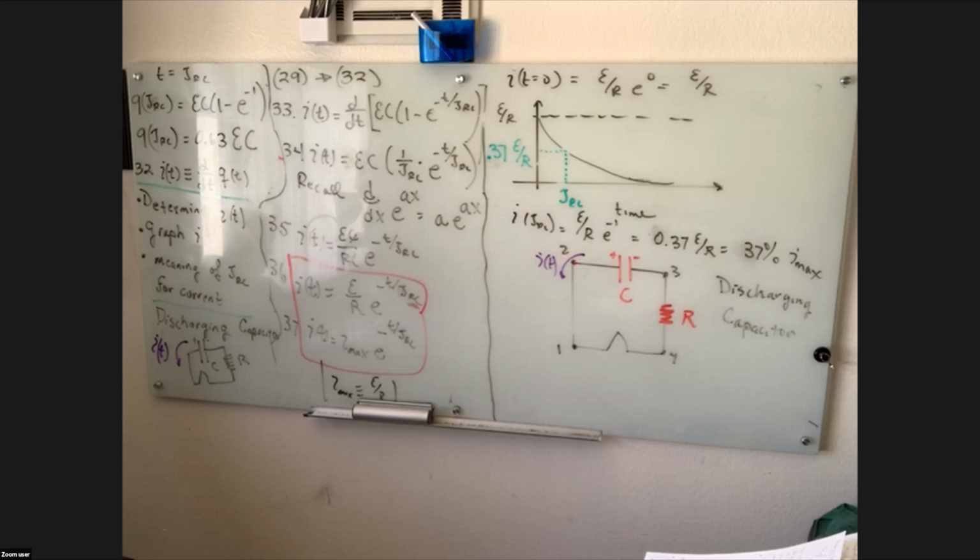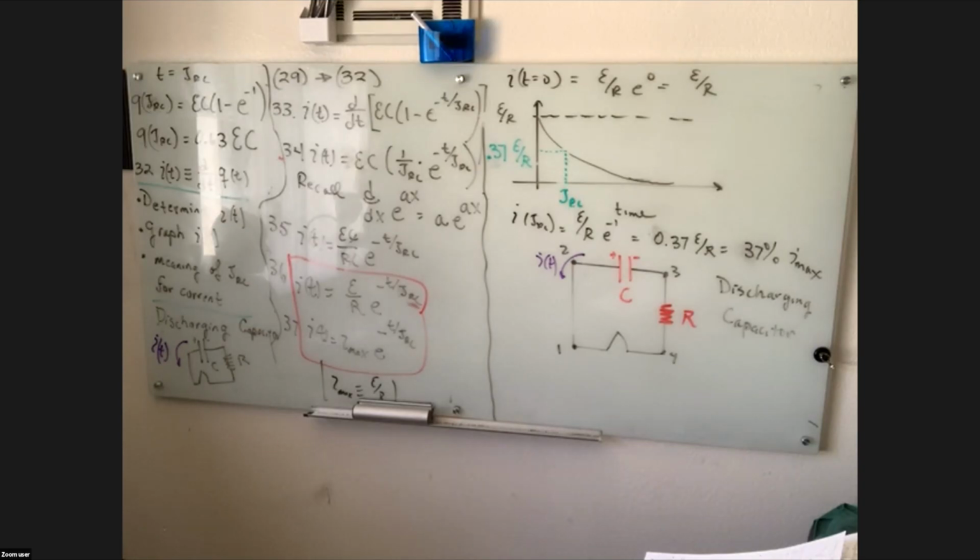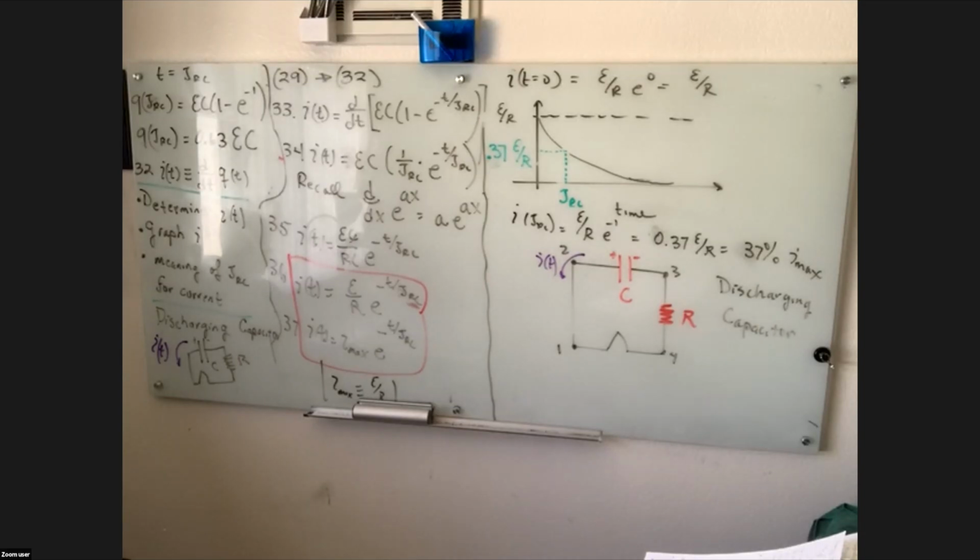If you go from position 2 to position 1, notice that's in the same direction as current. Is there a voltage change from position 2 to position 1? Sure, yes, there is. Why would there be a voltage change? Oh, sorry, there's no voltage change. For some reason I thought you asked whether voltage is continuous. All right, so we're on the same page. No voltage change. What about from position 1 to position 4?